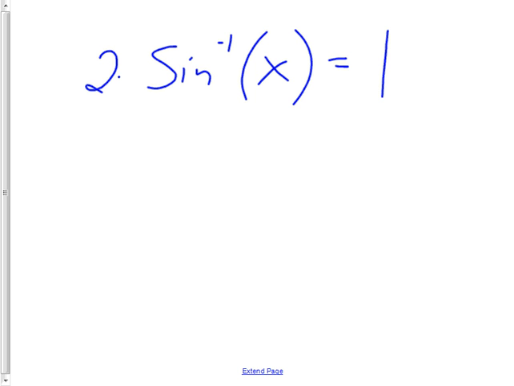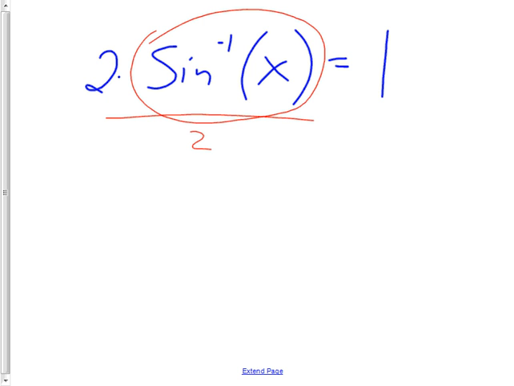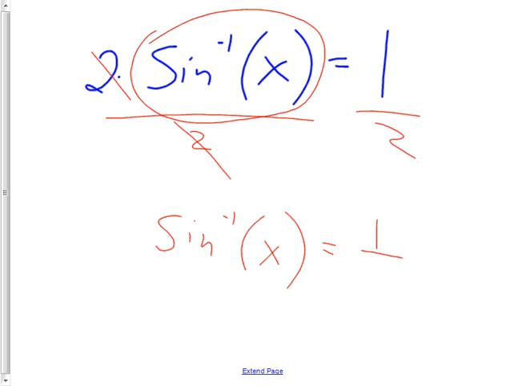First thing, can we just treat this like an equation, and this is like the big clump I'm supposed to be solving for? Yes, we can. And you usually get that clump alone by getting rid of the 2. So how can I do that? Divide by 2. I'm going to divide both sides by 2. And then this will cancel this. And now I've got inverse sine of x is equal to 1/2.